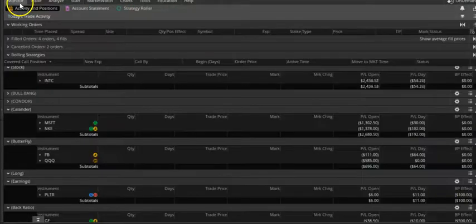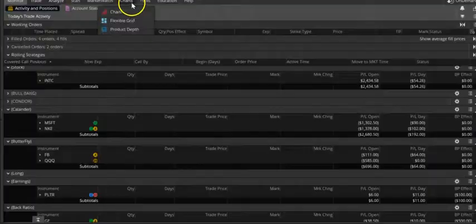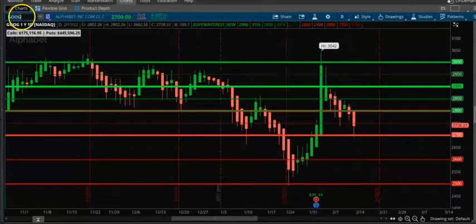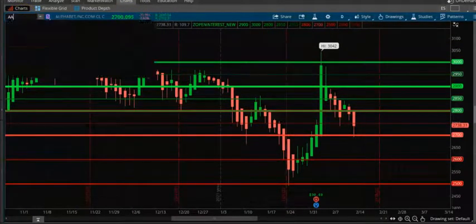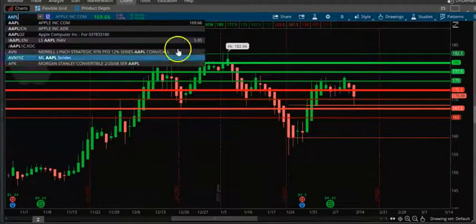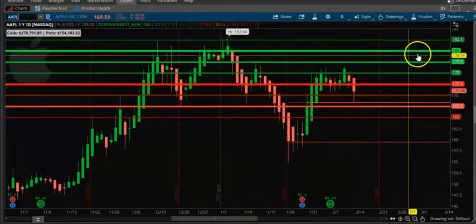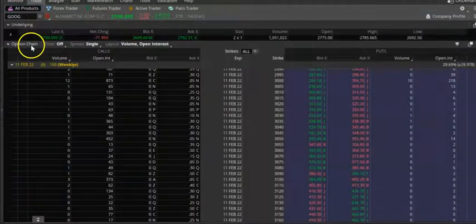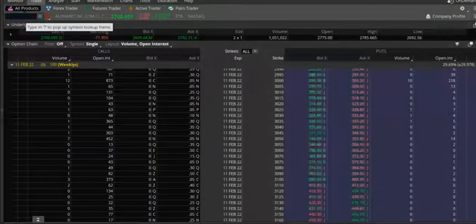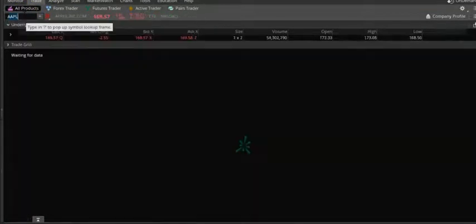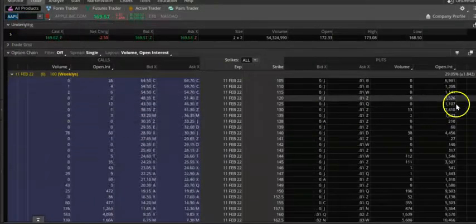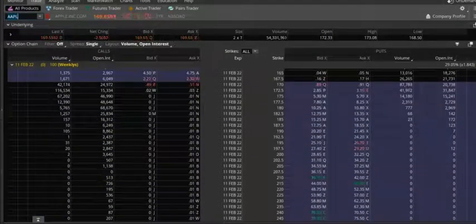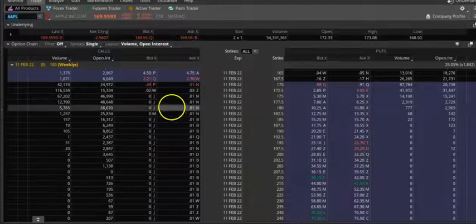Let's go to monitor, then charts, and go to Apple. See here, 180 is a thick line, right? Trade. So 180.